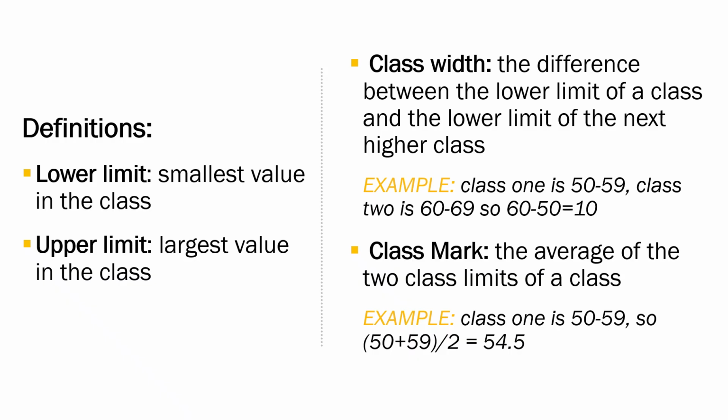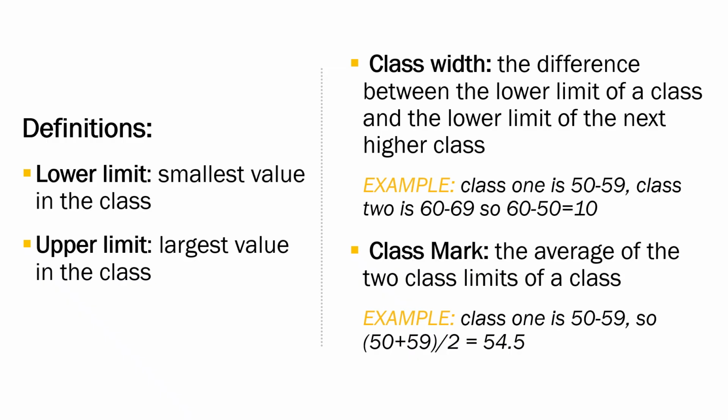In a question, you'll be asked to do some limit grouping and use a class width of, for example, say 10. So the class width, you can think of it as how wide each group or bin is going to be. You can find it by subtracting the starting number of one class from the starting number of the next class. And more officially, it is the difference between the lower limit of a class and the lower limit of the next higher class.